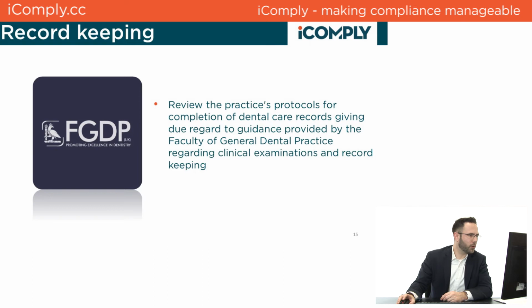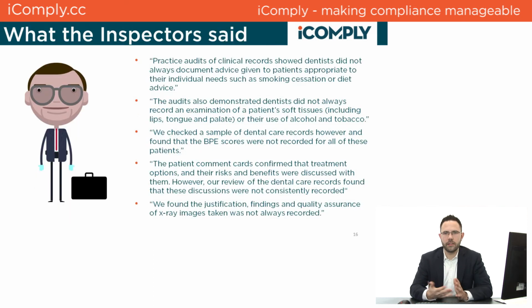I won't go into all of these things, but these are all quotes from inspection reports. You can see just from a few of these that in one practice, the dentist wasn't recording BPE scores. In another practice, X-ray justification findings, so the dentist wasn't complying with IRMER regulations. The dentist isn't delivering better oral health, so isn't giving smoking cessation or diet advice, all things that you have to do.